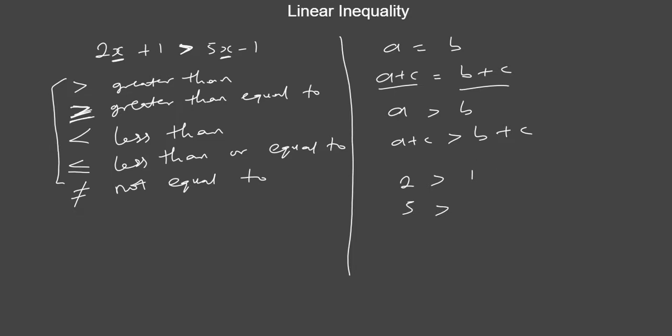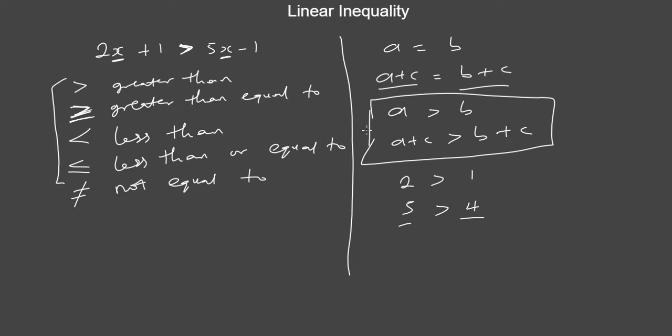If I add that same 3 to this side, that will give me 4, which means this statement still happens to be true. So in this particular case, the inequality rule is similar to that of equation.